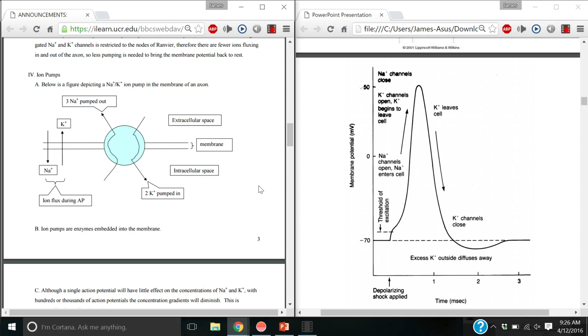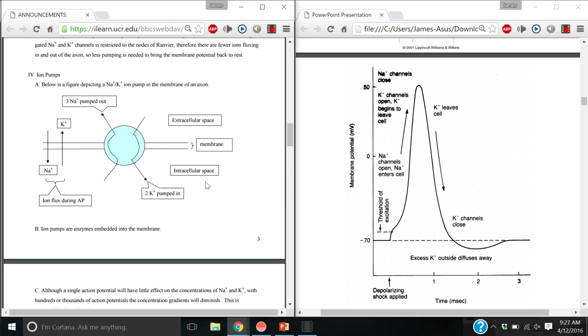This is just a conceptual diagram of the sodium potassium pump. Here is the membrane, and this is an enzyme, a little bit simplified. There are a variety of these: this one's a sodium potassium pump, and there are also calcium pumps and pumps for a variety of different ions.